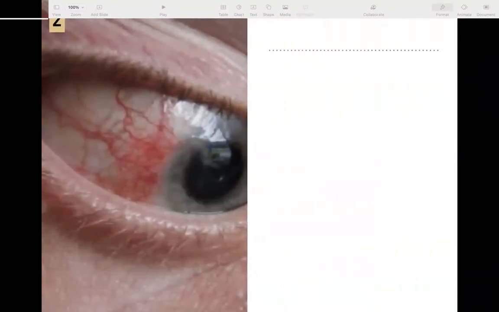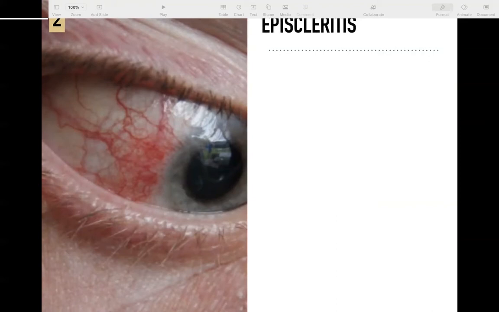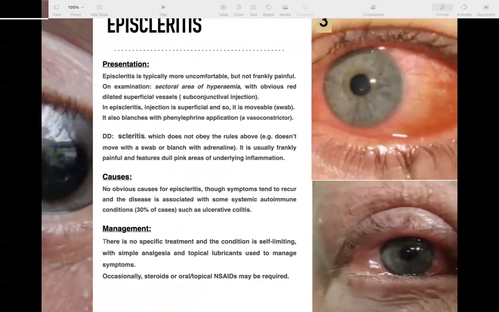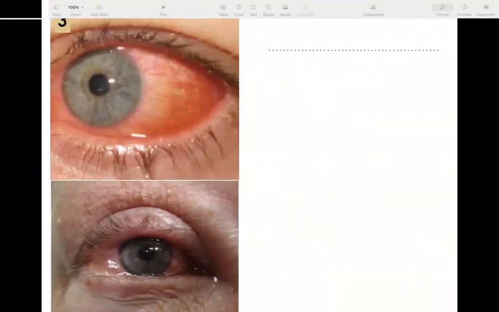And the second one is episcleritis, and how to differentiate it from the subconjunctival hemorrhage as well as from scleritis, and the tests which could differentiate between scleritis and episcleritis. Today I will talk about one of the most common causes of painless red eye, which is conjunctivitis.